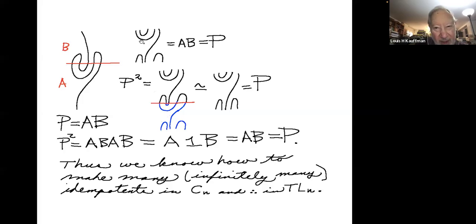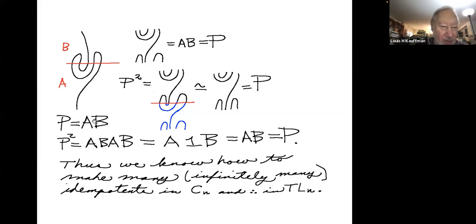And if you write it in the opposite order, AB, then you get this Temperley-Lieb element, this connection algebra element, and the square of that will reproduce the wiggle of the factorization of the identity in its middle, which collapses, and so p squared is equal to p. But it's very general, and you needn't have diagrams to understand this.